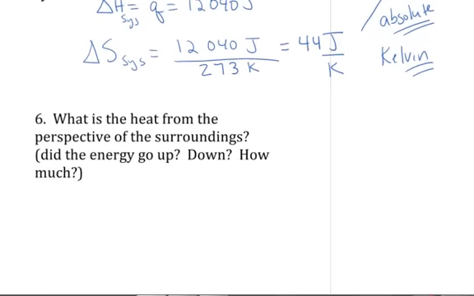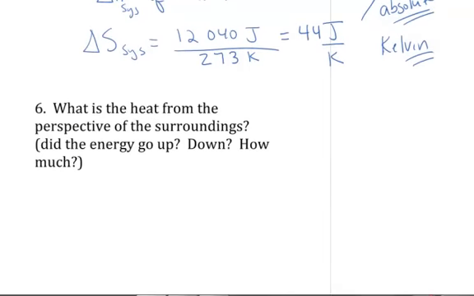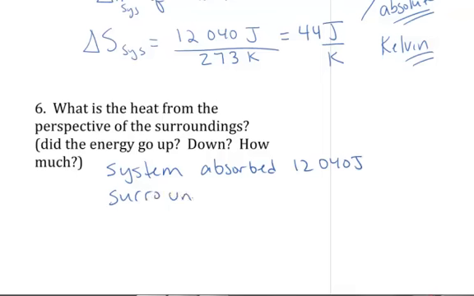Now, what is the heat from the perspective of the surroundings? Did the energy of the surroundings go up, down, or by how much? Since my surroundings were in thermal contact with my system, and my system absorbed 12,040 joules of heat energy, that must have come from my surroundings.